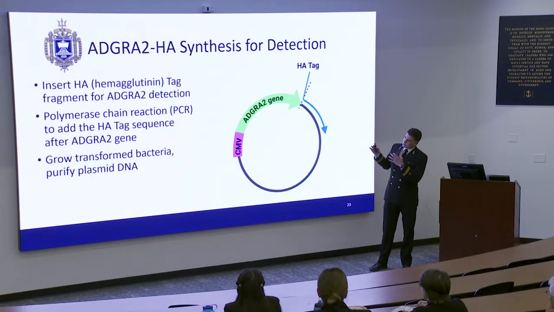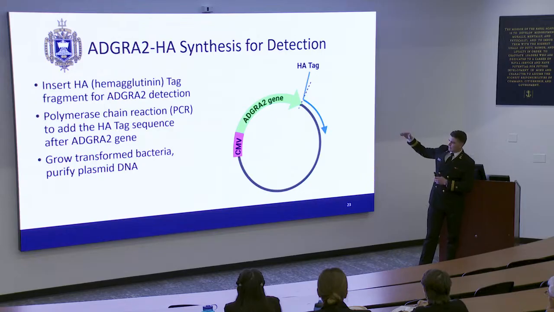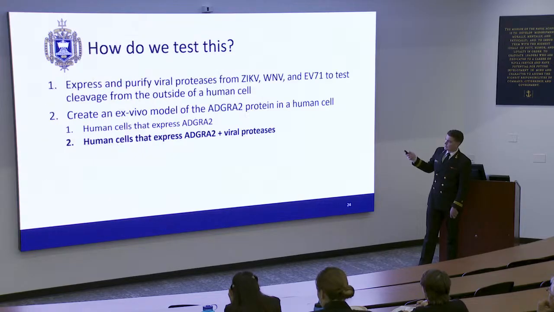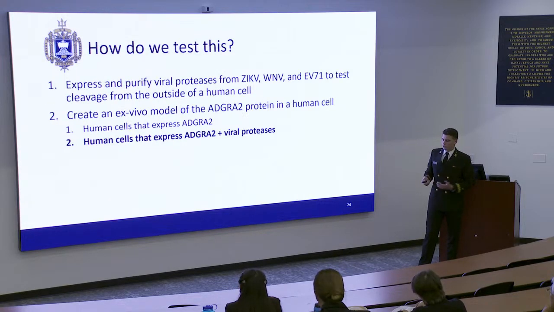So we constructed this plasmid through a polymerase chain reaction that added that HA tag sequence after the AdGrad2 gene. We confirmed that this plasmid was in fact the construct that we were hoping to get, and then we had successfully created a plasmid for the expression of AdGrad2 in a human cell.